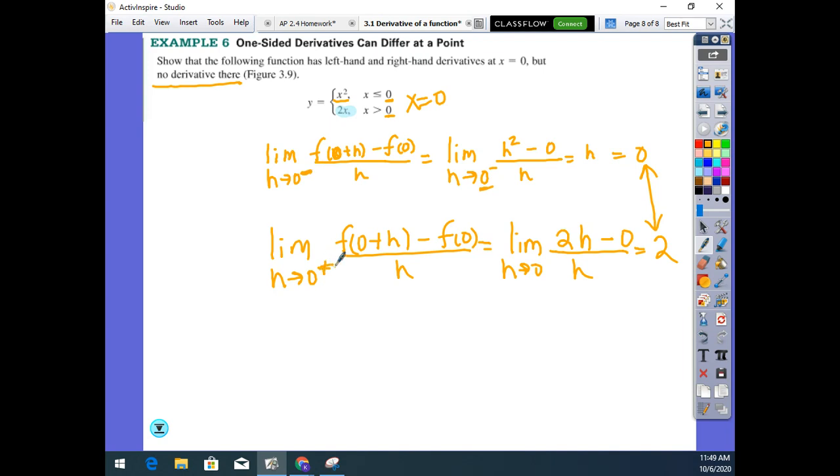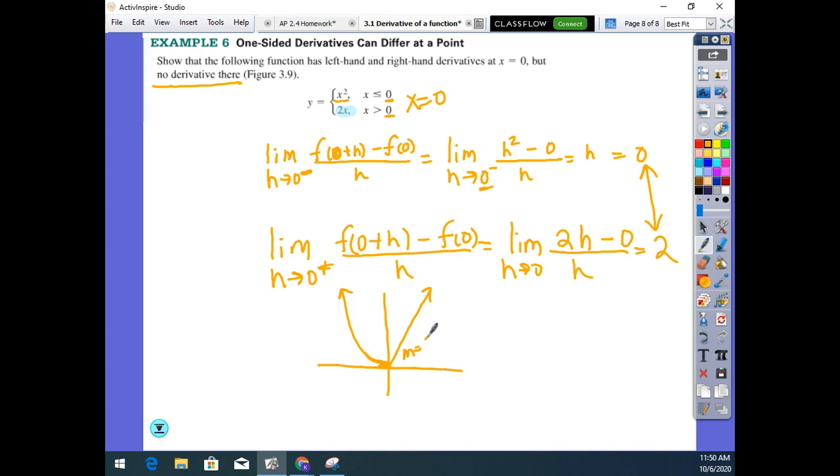Now, what's maybe a little helpful, if I graph this, because on the left it's just the left side of the parabola, do you see how this is approaching a 0 slope here? Then I have a line with a slope of 2 on this side.